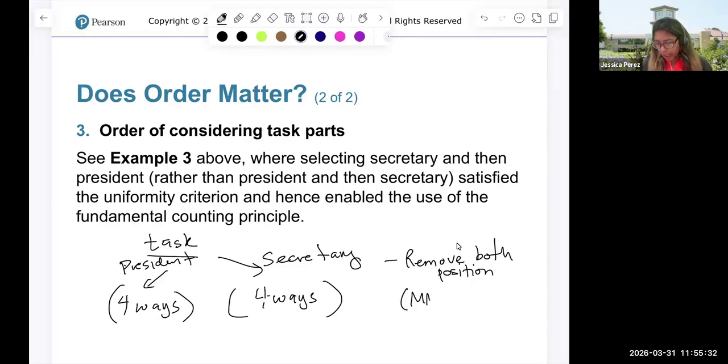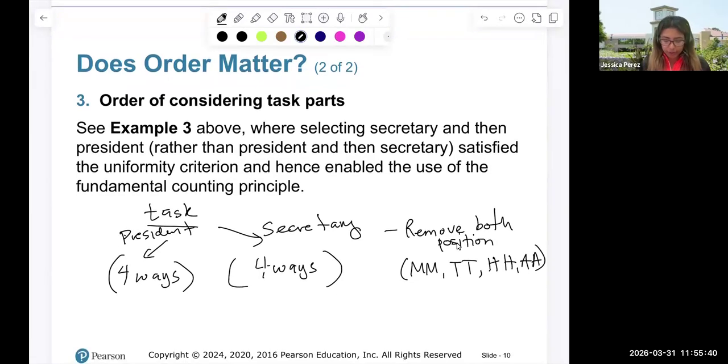We removed Matthew-Matthew and so on, so we had to remove those 4 options. So we did 4 times 4 minus 4, that would be 12 ways. That satisfied the fundamental counting principle: 4 options for a task, 4 options for another task, but then remove when they're both the same case.